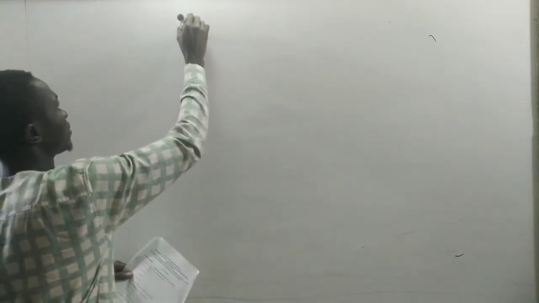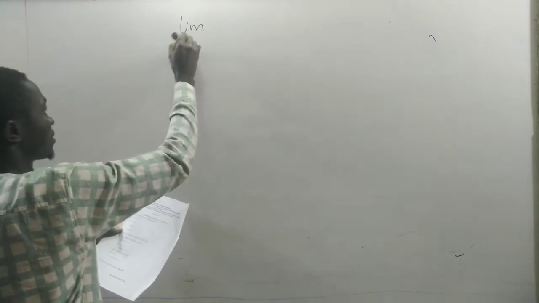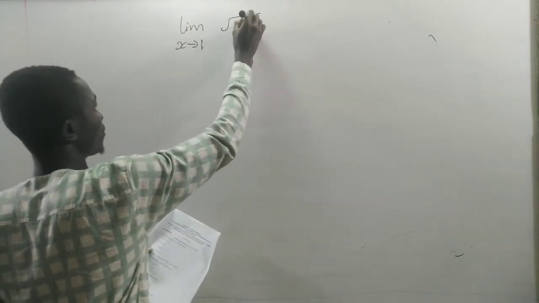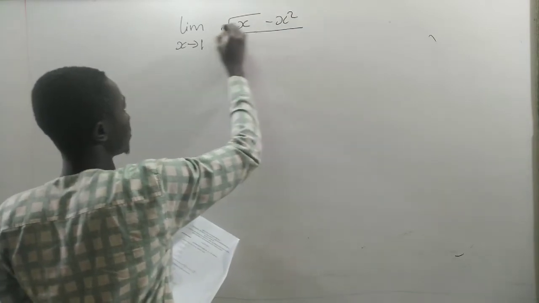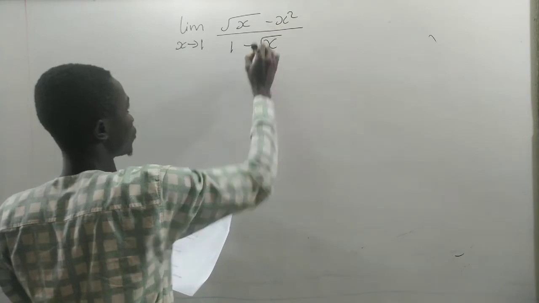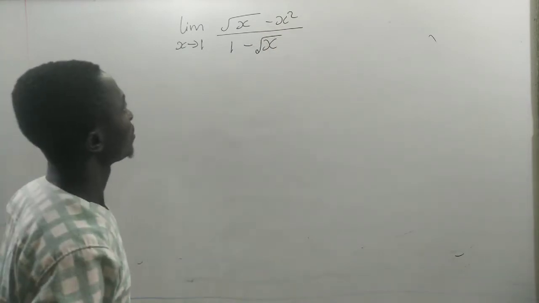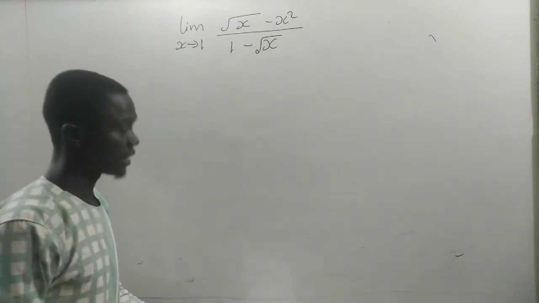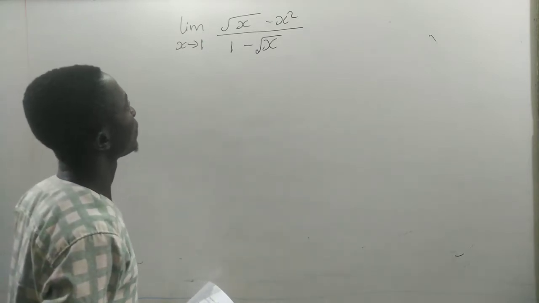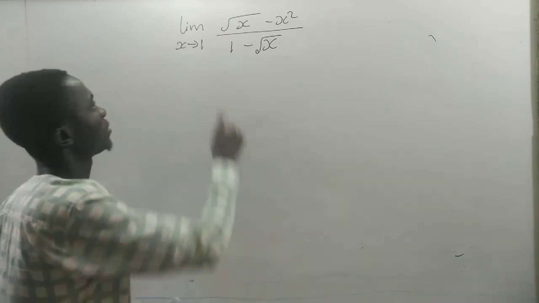Now the next question we have the limit as x approaches 1 of square root of x minus x squared divided by 1 minus square root of x. So here we can apply our linearity here. Very simple as that.